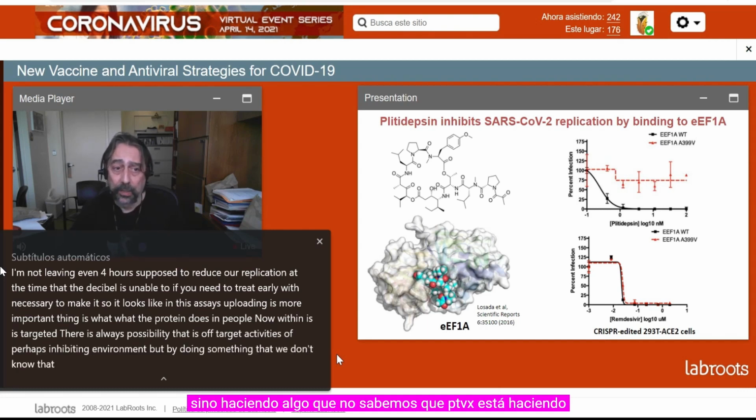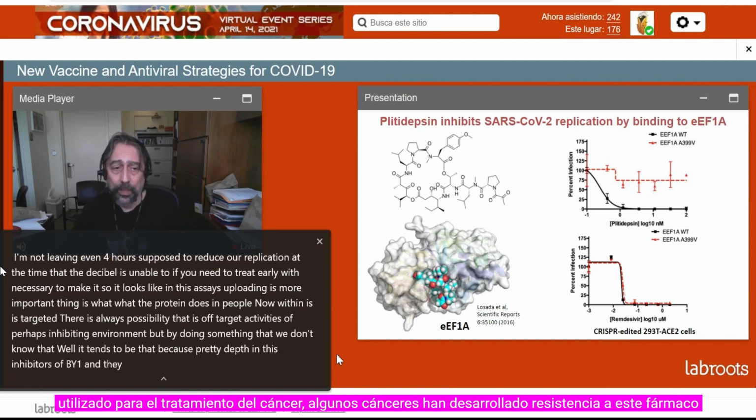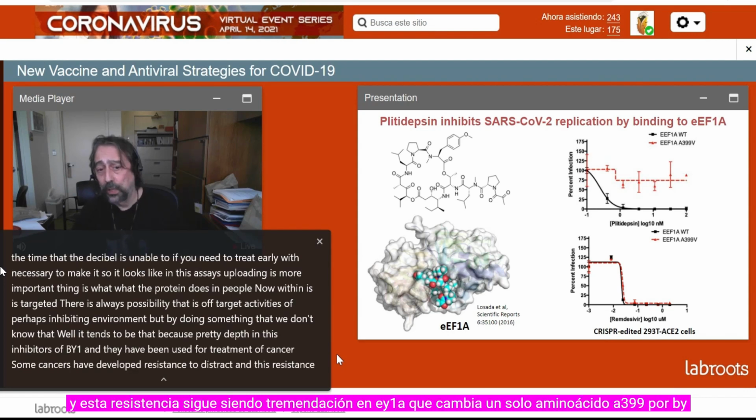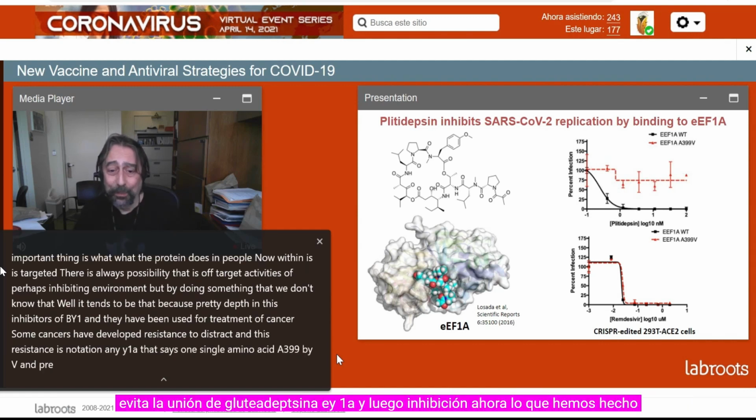Well, it turns out that because plitidepsin and these inhibitors of EEF1A have been used for the treatment of cancer, some cancers have developed resistance to this drug. And this resistance is due to a mutation in EEF1A that changes one single amino acid, A399 to V, and prevents binding of plitidepsin to EEF1A and then inhibition.